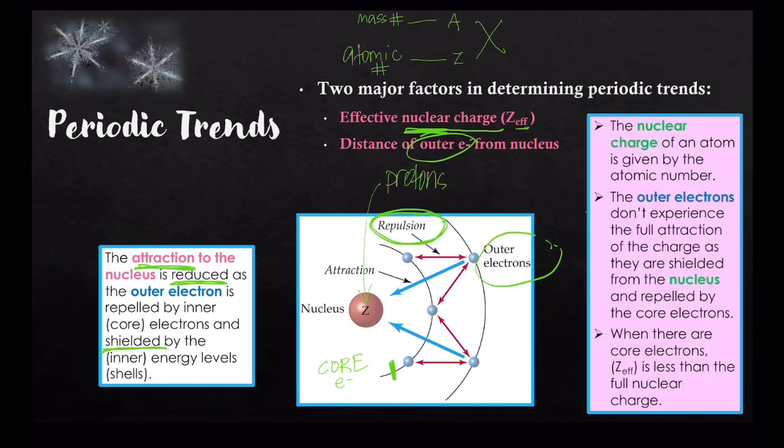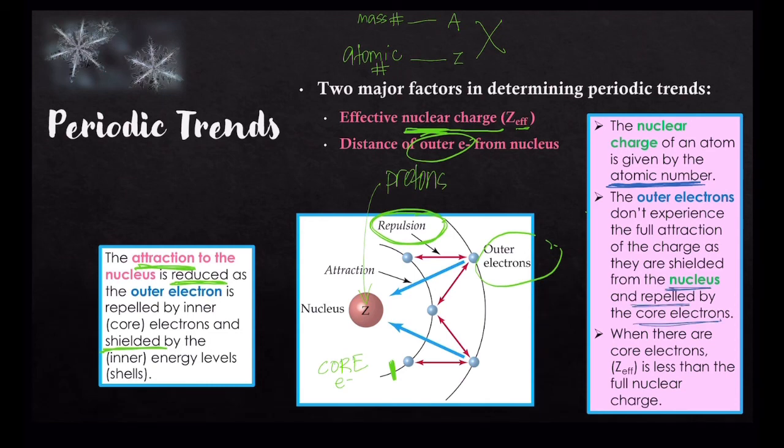So to recap, the nuclear charge of an atom is given by the atomic number. The outer electrons, or the valence electrons, don't get to experience the full attraction of the nuclear charge, as they're shielded from the nucleus and repelled by core electrons.